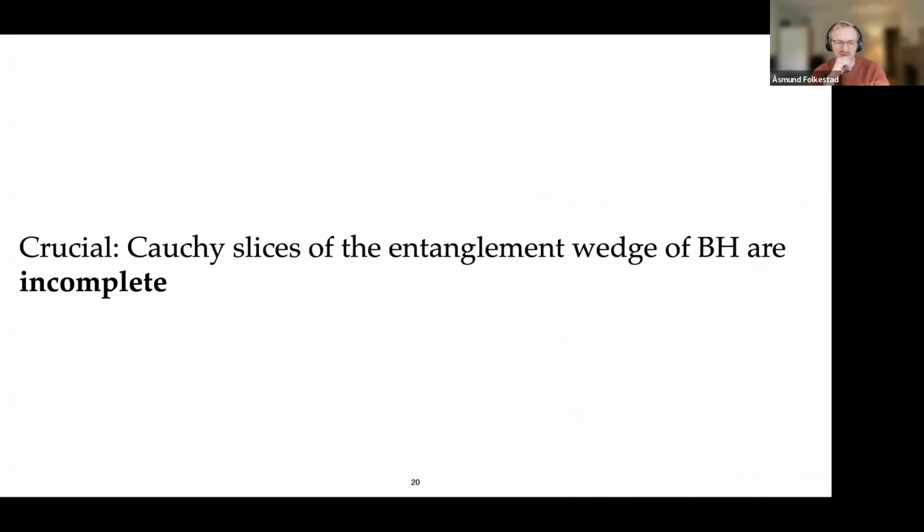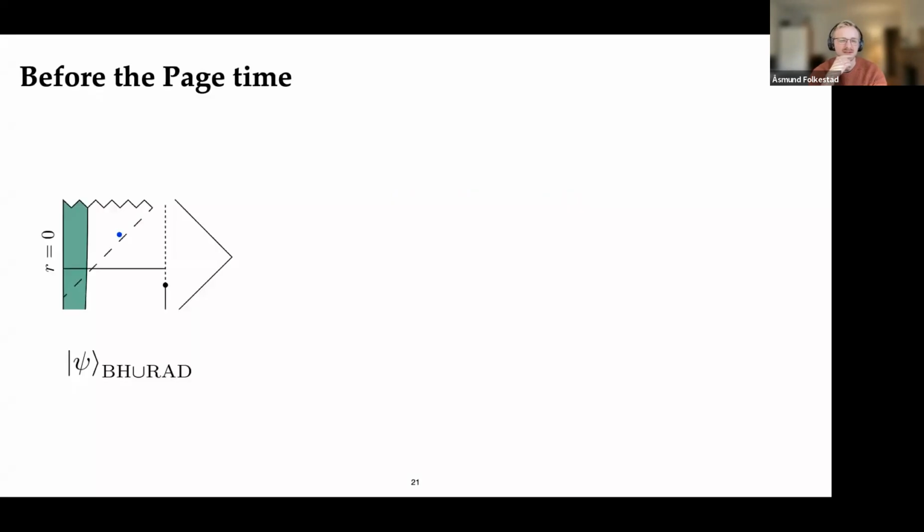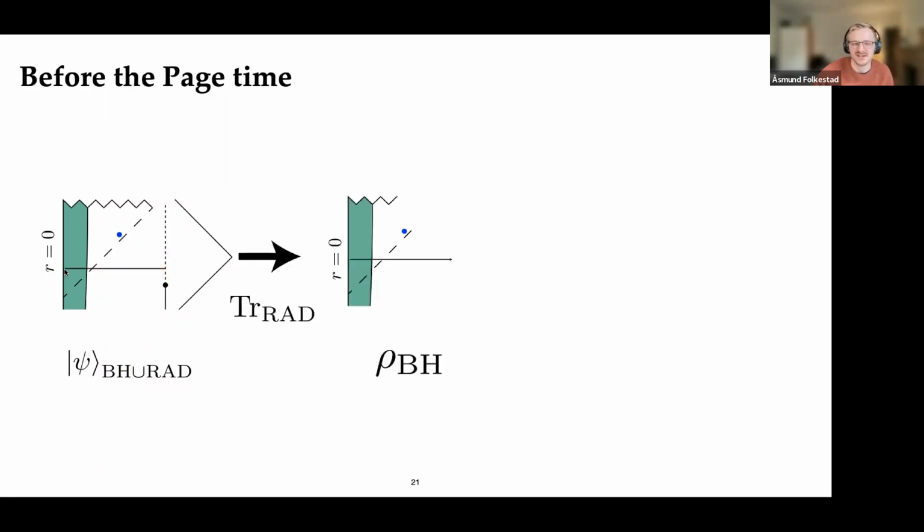Okay, so crucial to this whole story is that the Cauchy slices of the entanglement wedge of the black hole were incomplete. They had a proper boundary on the island QES. So let's see what happens before the Page time. Again, we start out with the original state on the black hole and radiation. Now a Cauchy slice of the entanglement wedge is complete like this. Trace out the radiation, we get rid of this system here.